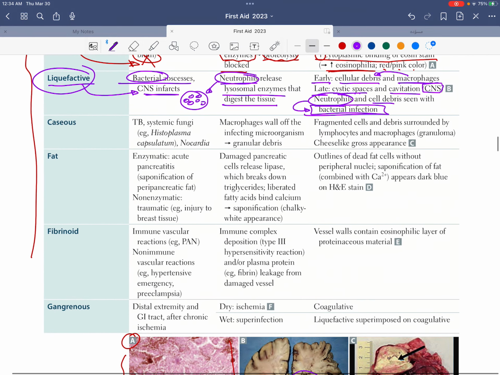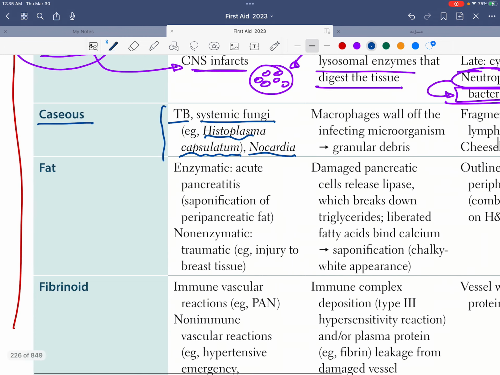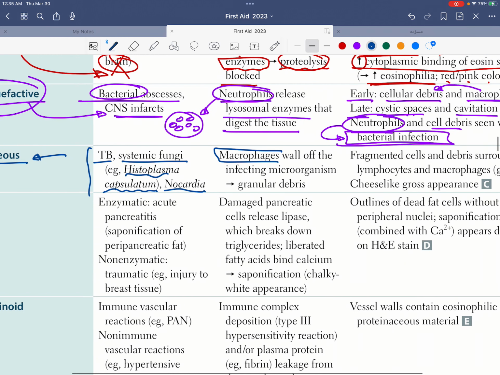For caseous necrosis, we can see it in TB, that's tuberculosis, or systemic fungi, like Histoplasma capsulatum or Nocardia. All of these usually end up having caseous necrosis of the tissue. It's due to macrophages this time. Macrophages wall off the infectious microorganism, causing granular debris.